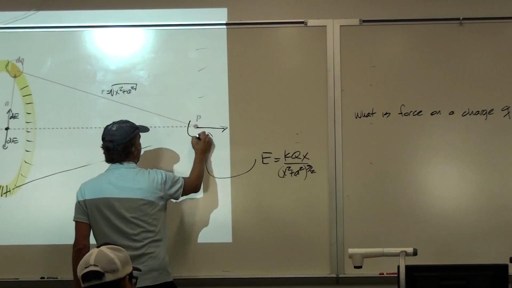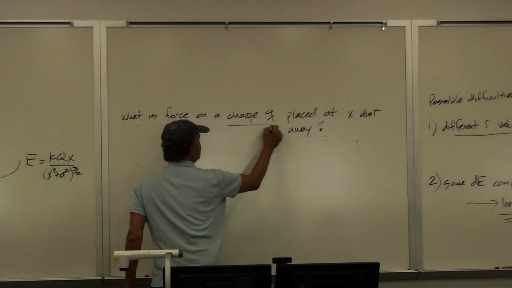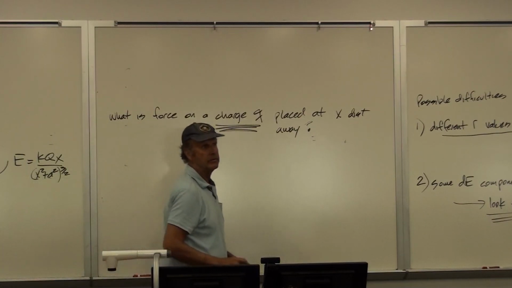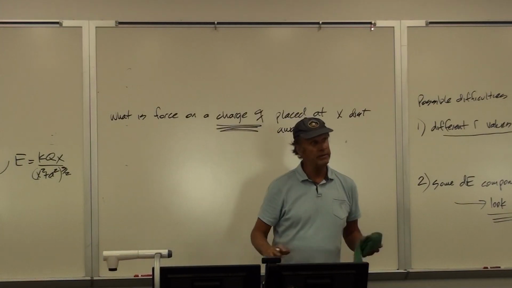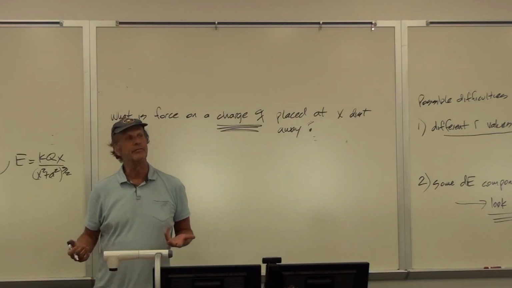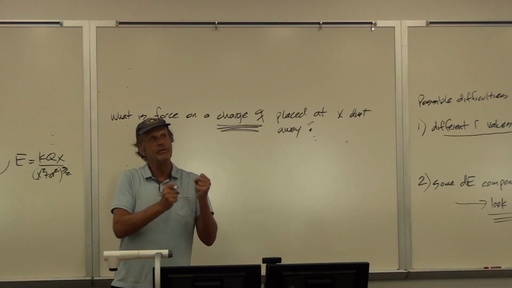But if I put a charge there now, that's when we get a force. Only when I put a charge at that location do I get a force. Only an electric field up to this point. It's like a potential for force, but it's not the same thing as electric potential, but it's like a potential to produce a force on something.